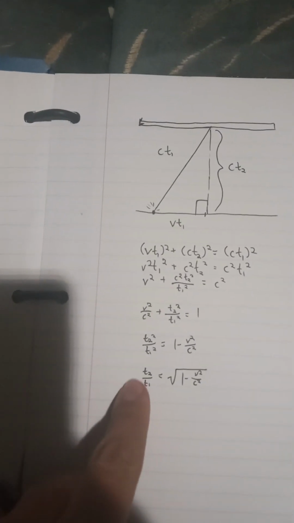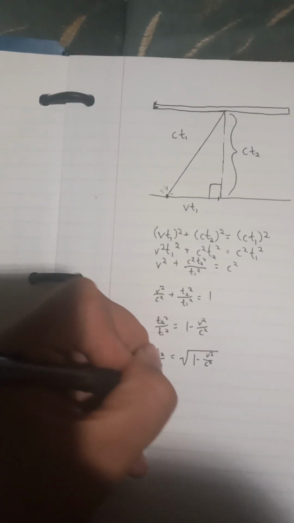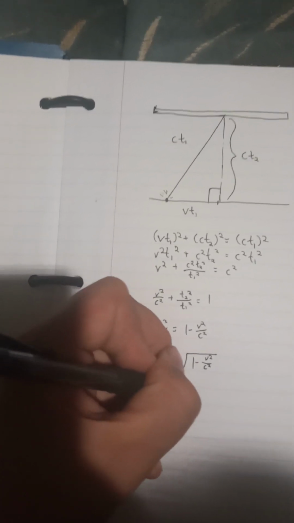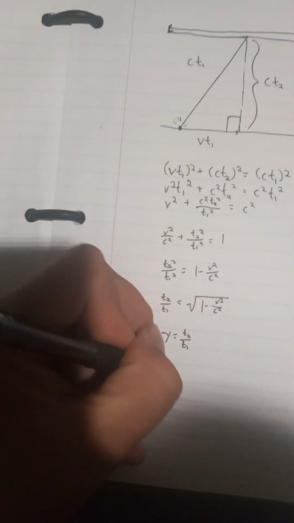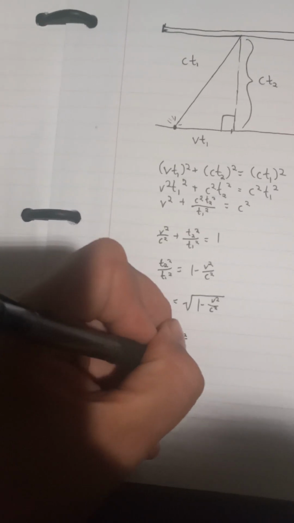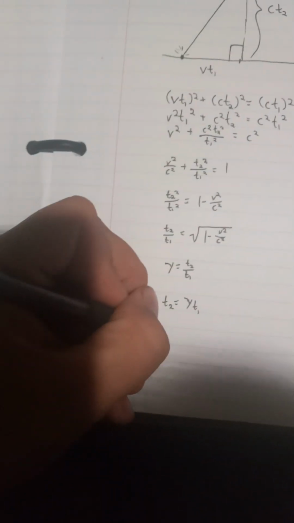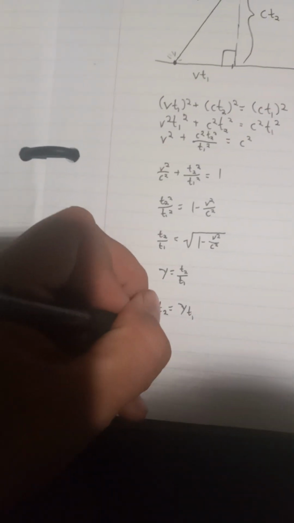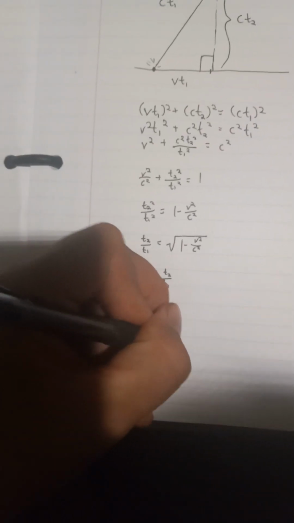And now this term right here, we're going to call that gamma. So gamma is equal to t2 over t1. Now, by the definition of gamma, what we see is that t2 is equal to gamma t1, which means that this distance right here, c t2, is going to be equal to c gamma t1.